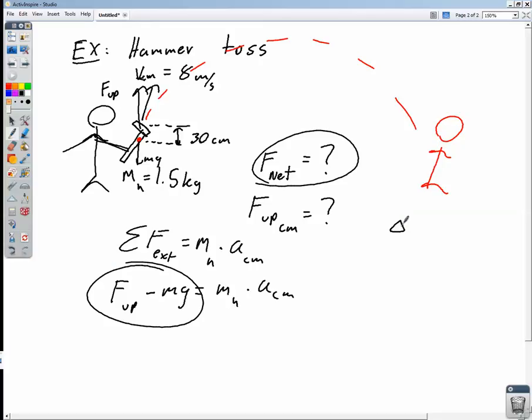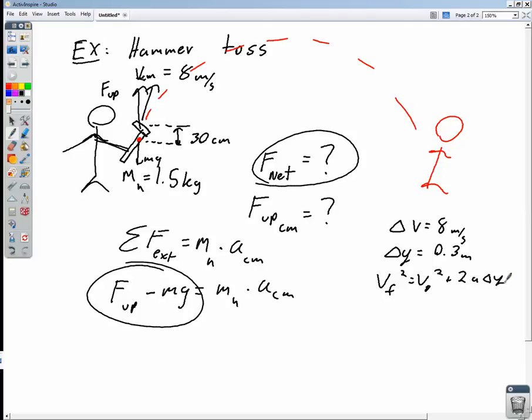So our change in velocity is equal to 8 meters per second, and our delta y here is going to be 0.3 meters. So we can use v final squared equals v naught squared plus 2a delta y.